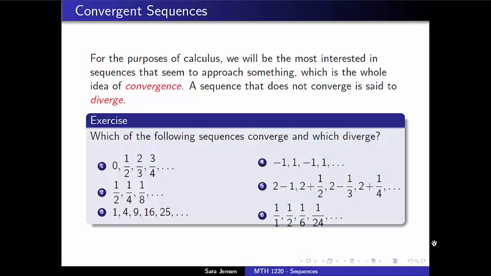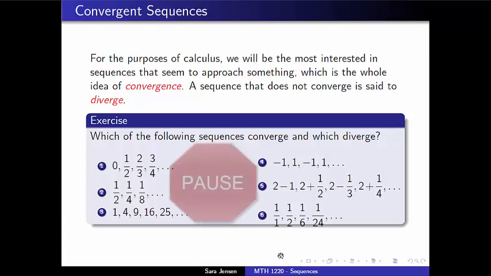And we'll explore those ideas of convergence and divergence more closely in some of the next videos. But for now, I want us to stick with that loose idea. Convergent means the values are approaching something, and divergent means that they're not approaching something. And I want us to look at those same 6 sequences that we started with.